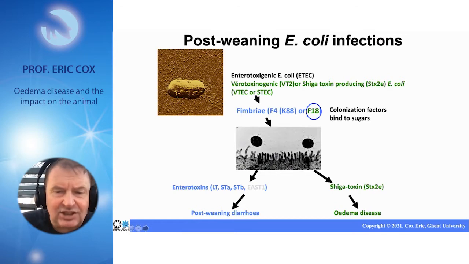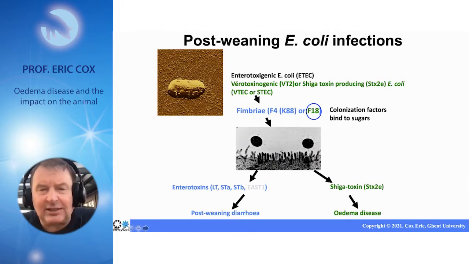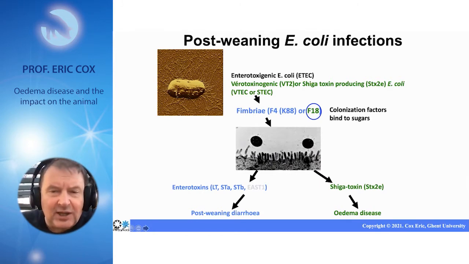Whereas the Shiga toxin is produced by the Shiga toxin producing E. coli, which are only the F18 Fimbria positive E. coli. So you have two different Fimbrias that can be present in these E. coli strains at weaning. Fimbria are colonization factors.